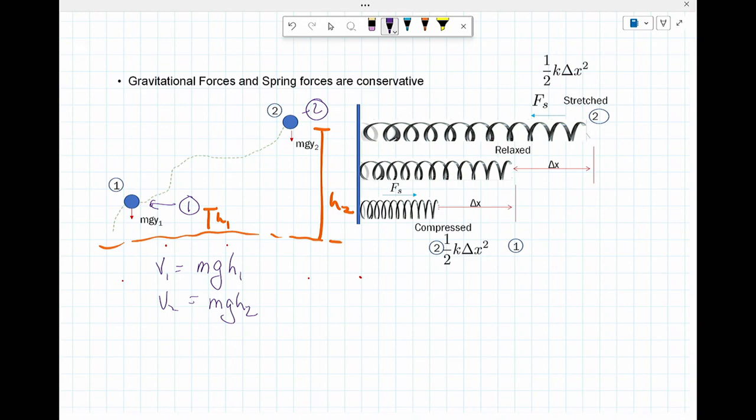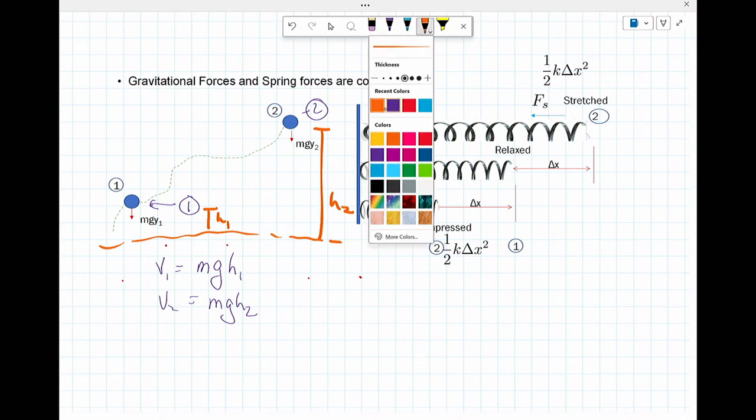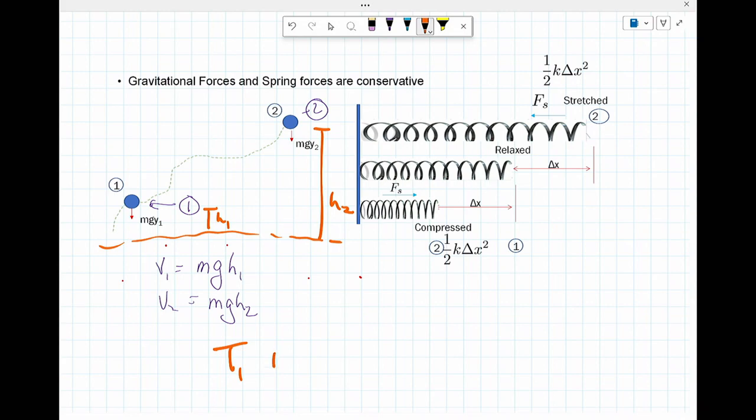And it has the same units: joules. I can do the same thing with springs, and it's just 1/2 k x1 squared and x2 squared, if everything is relative to, say, the unstretched length. And what that does is allow me to write a slightly modified conservation equation: T1 plus V1 plus work 1 to 2 equals T2 plus V2.